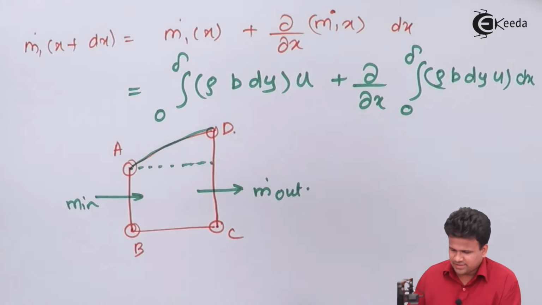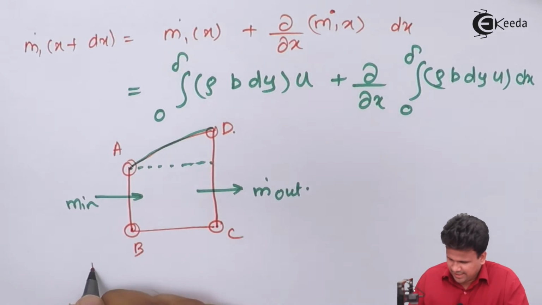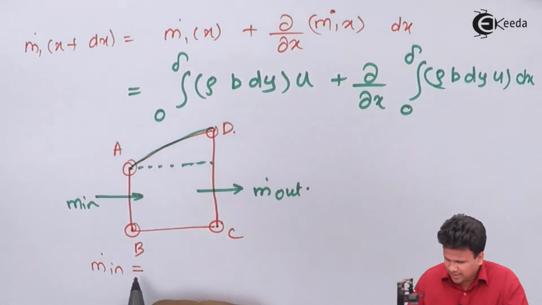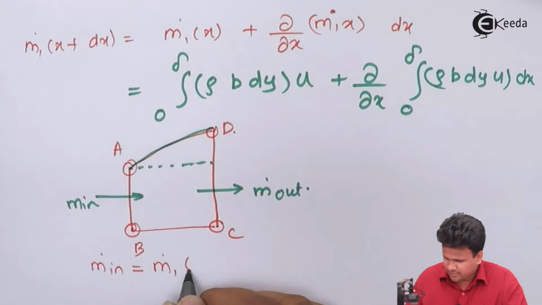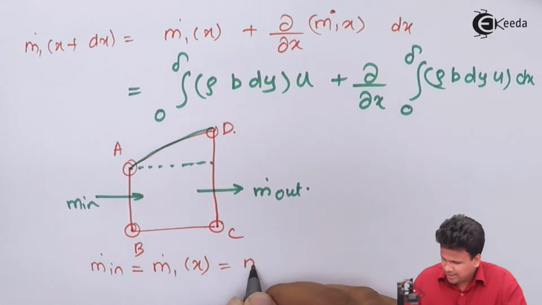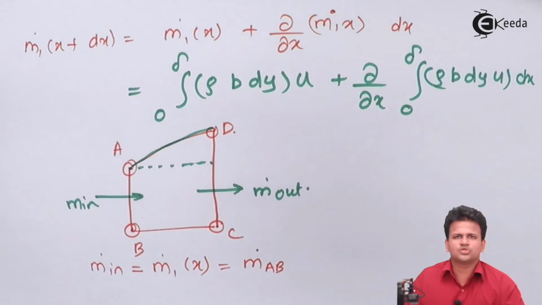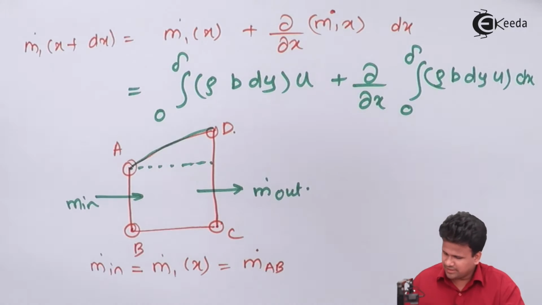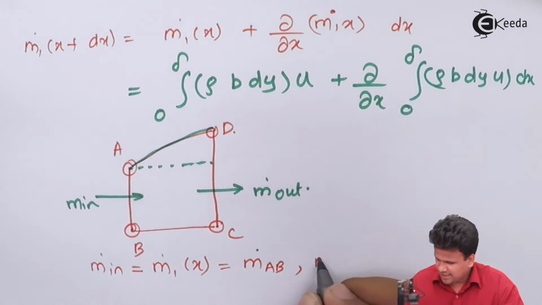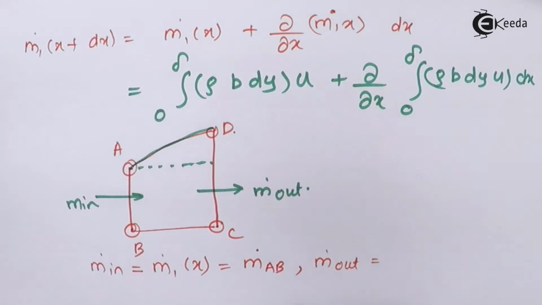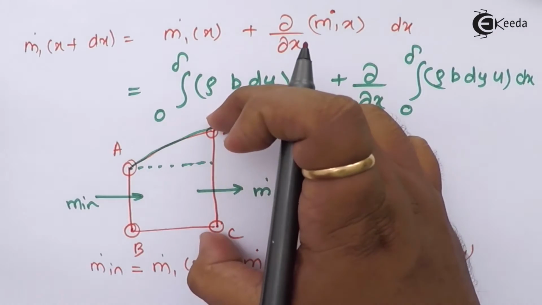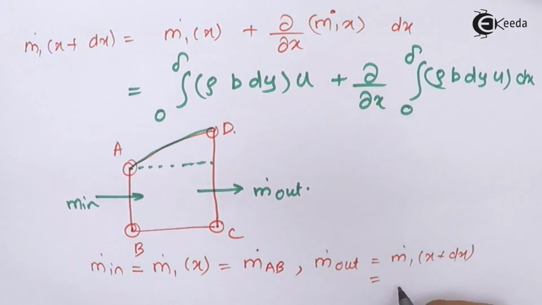We can replace m dot in by m dot through AB, which holds true for this condition. Similarly, we can replace m dot out, which we saw in the previous part as m dot at x plus dx, by m dot through DC.